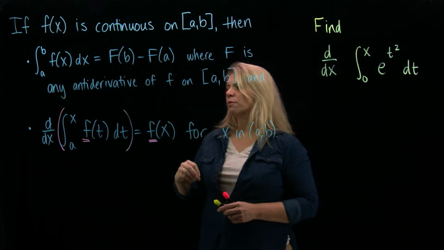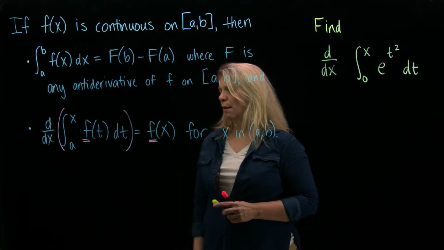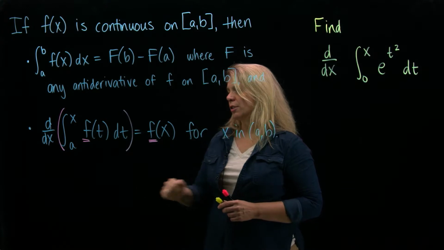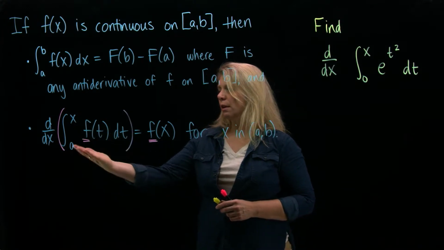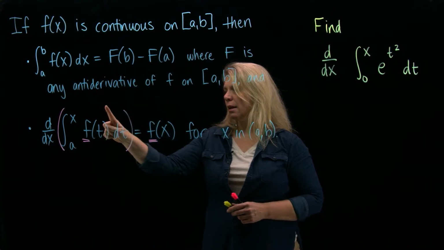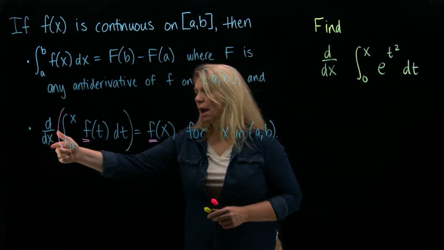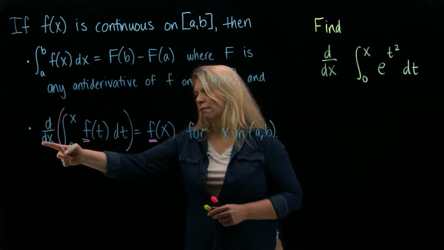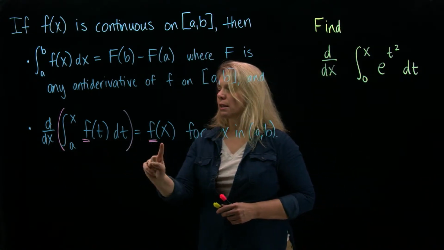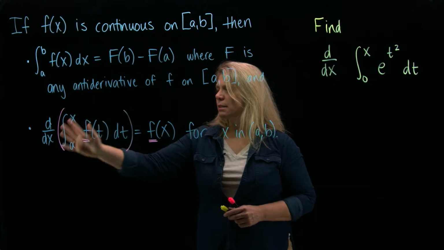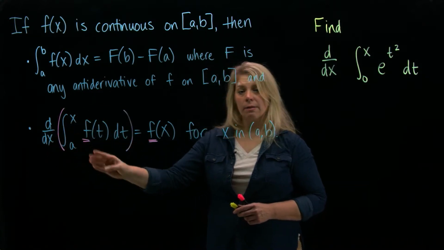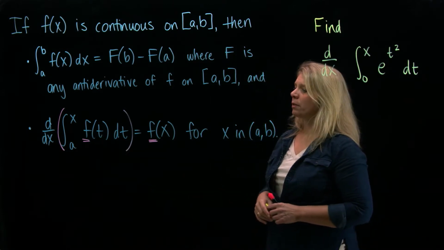If I were able to find an antiderivative function, capital F of t, then I would plug my limits of integration in. x is a variable. I would get capital F of x minus capital F of a, and then differentiate with respect to x. The derivative of the antiderivative should take you back to the function that you started with. So one important idea about this is differentiating, undoing integration, even for definite integrals.